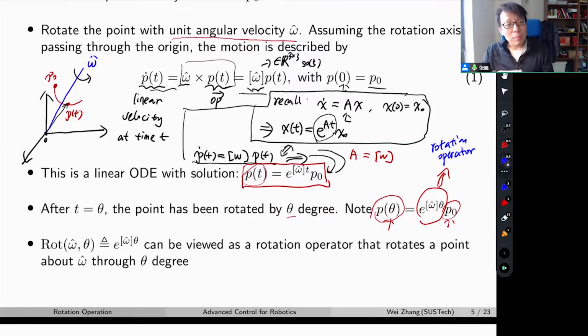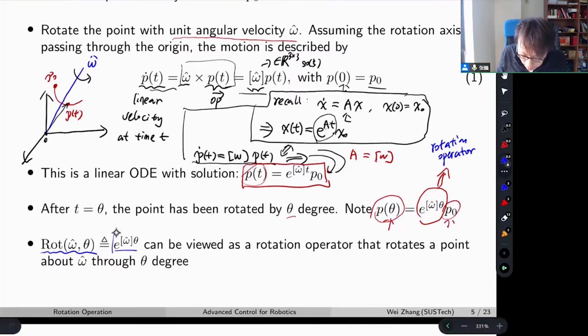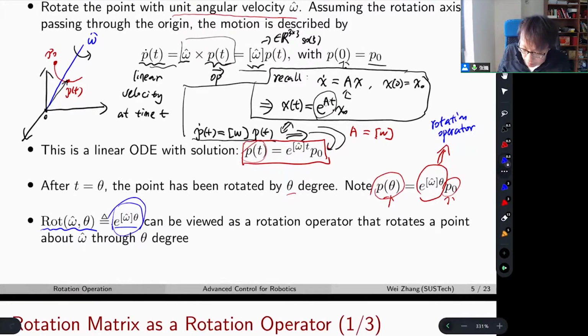It just operates upon the initial point P0: you multiply by this operator-induced matrix, then you get the point after the rotation. So I will call this Rot, about omega hat, that's the direction, by theta degrees, defined as the matrix exponential e to the omega hat theta. This can be viewed as a rotation operator that rotates a point about omega hat through theta degrees.